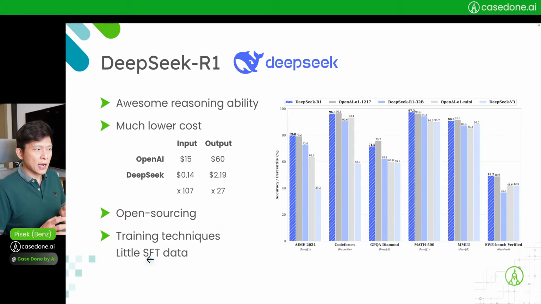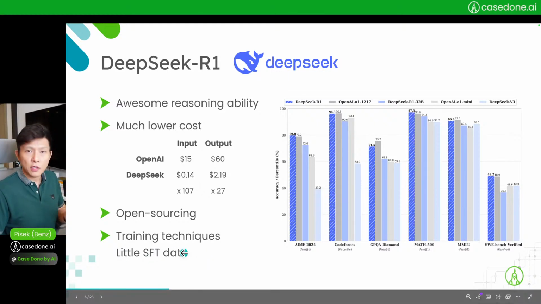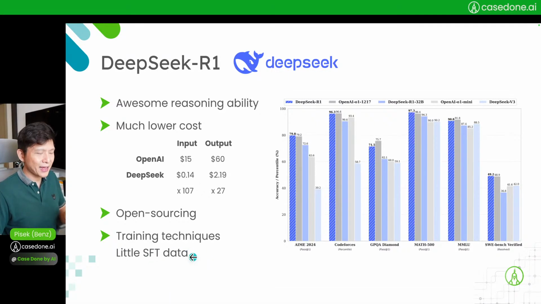The training techniques that the DeepSeek R1 team took reduced the amount of supervised fine-tuning data that is needed for the model to perform really well, and this translates to less effort in high quality human annotation data, and that makes training models much easier and less costly as well.